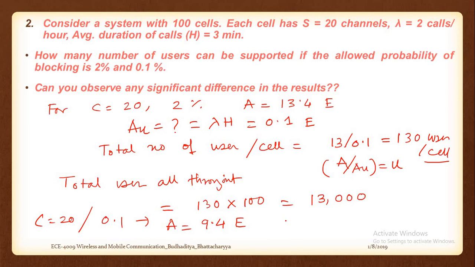So it should be the total users. Throughout, the total users will come to around 9400. Now you can observe one very important observation, when you are considering the case with 2%.